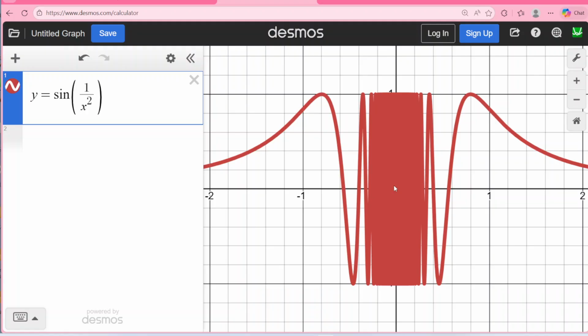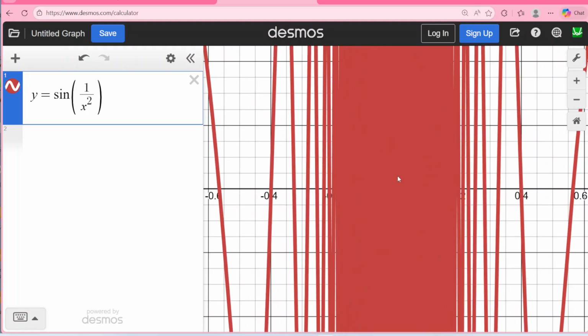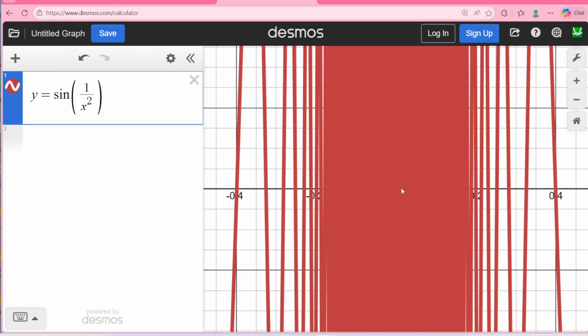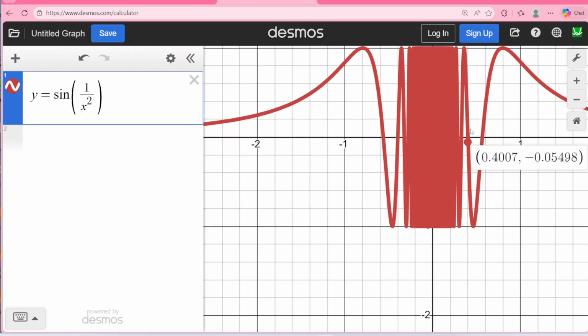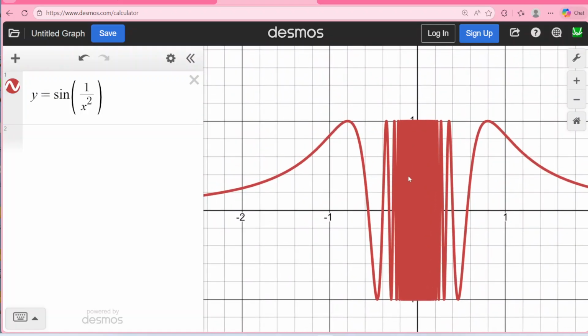You don't see these too often, especially after this section, but this wild oscillation of the graph around x equals 0 tells me this graph is not approaching a specific location, right? No matter how close you zoom in, it's approaching all locations where y is between -1 and 1 here.